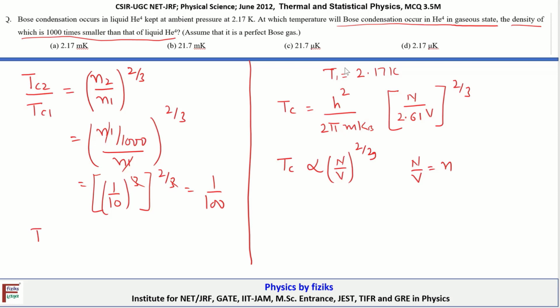That means the new temperature Tc2 will be Tc1 divided by 100. Tc1 is 2.17 Kelvin, so that is 2.17 Kelvin divided by 100, which is basically equal to 21.7 millikelvin. Therefore B is the correct option here.